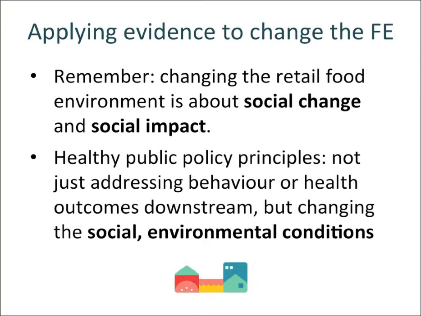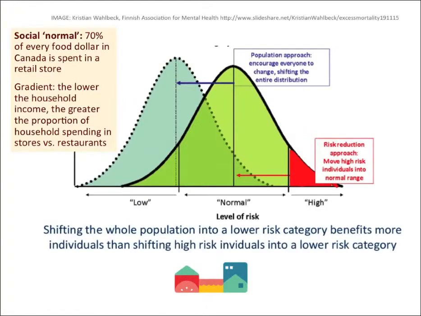So that's something that I always like to point to and always like to remember. And it's really related to our underlying principle in public and population health, which is healthy public policy. So even if we're really interested in measuring behavior and health outcomes downstream, essentially what we're doing is world changing. We're changing society, the social environmental conditions in which choices are made.